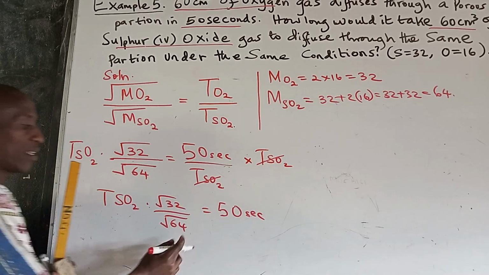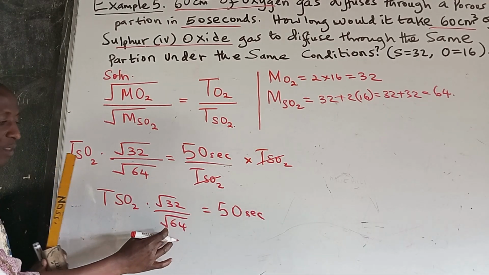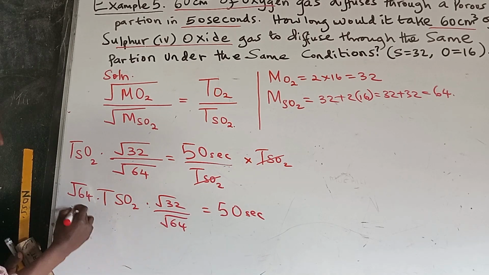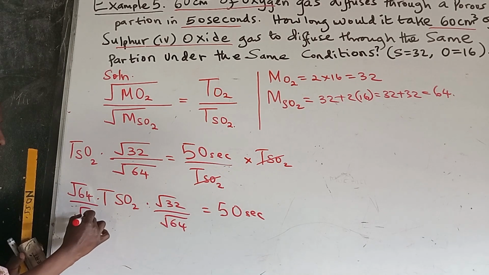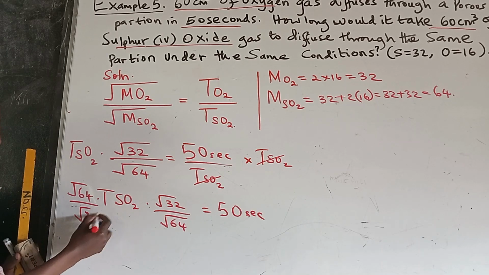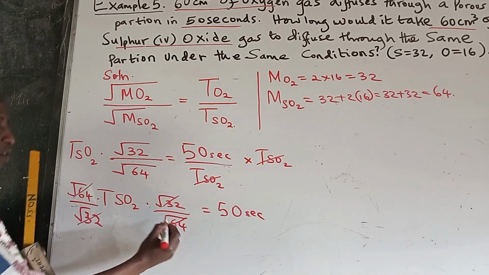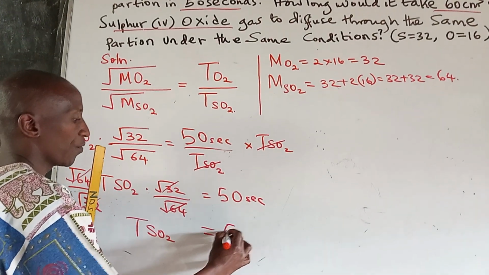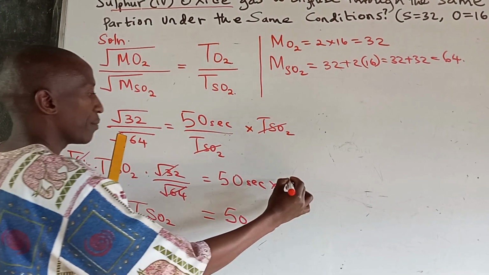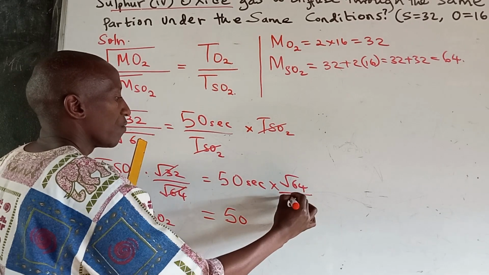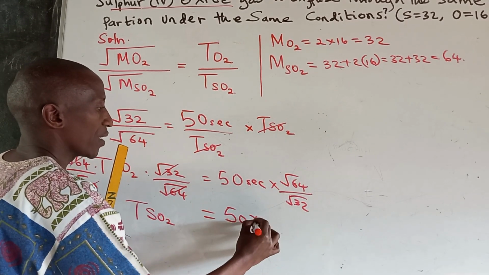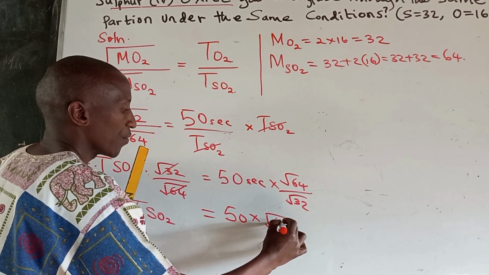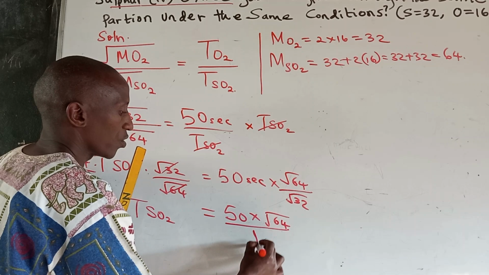Now, mathematically, we say multiply by the reciprocal. So on each side, we multiply by the reciprocal. So this goes, and we are able to have time of SO2 being equal to 50 multiplied by root of 64 over root of 32.